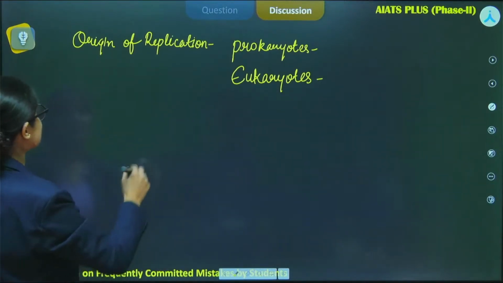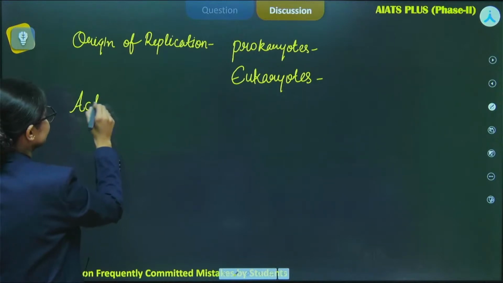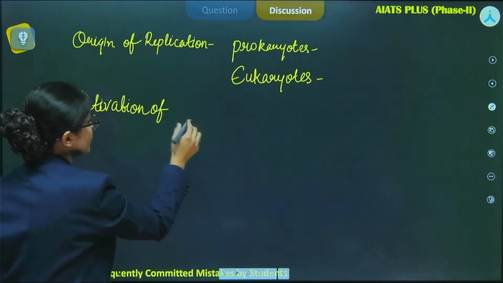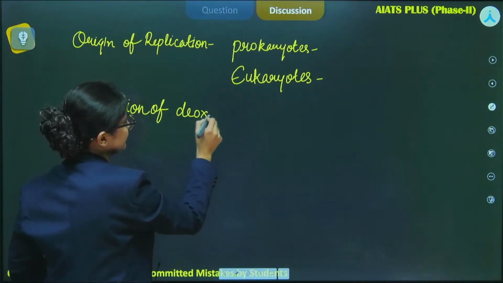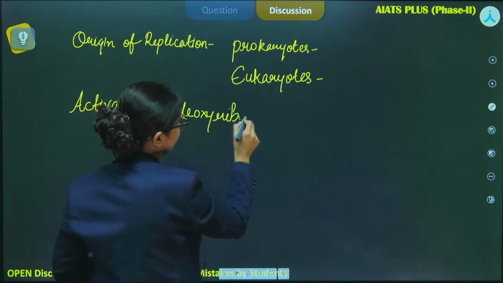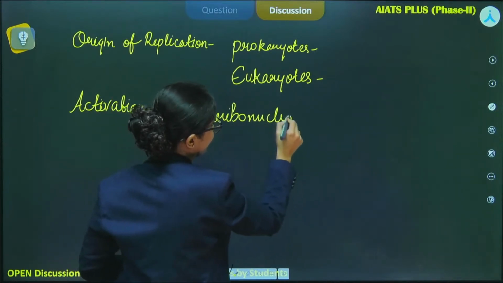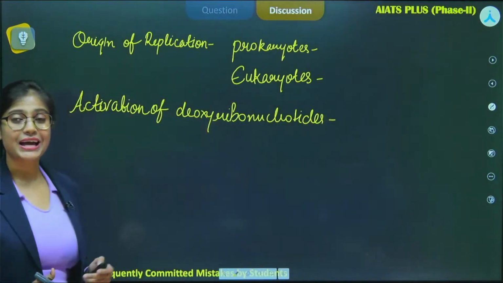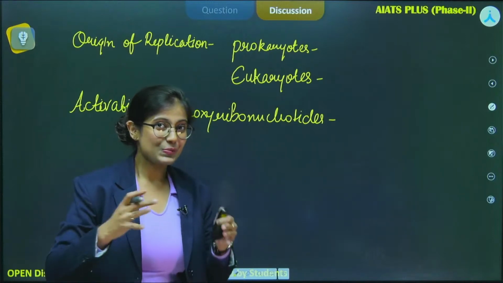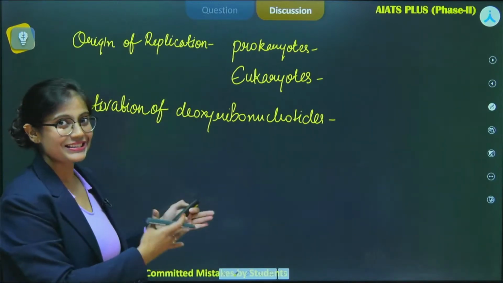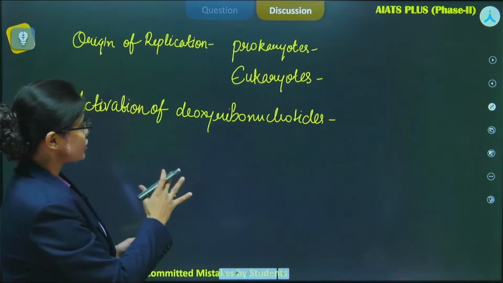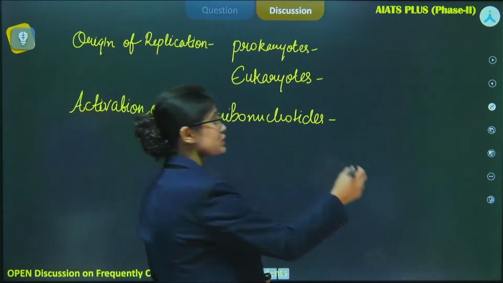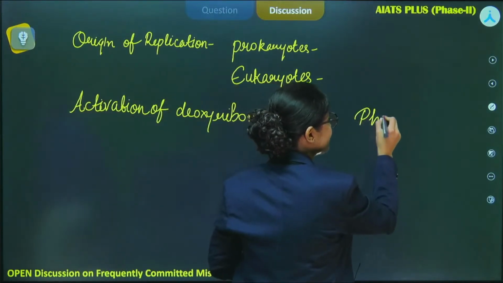Now, if we see the next step, which is activation of deoxyribonucleotide. Here activation of deoxyribonucleotide will occur where the action of phosphorylase enzyme will take place.